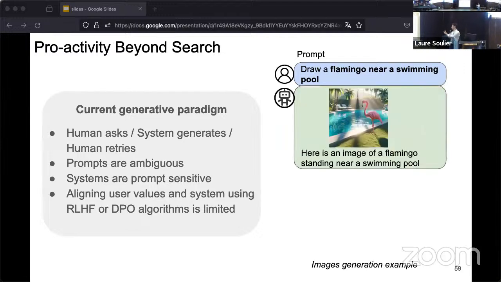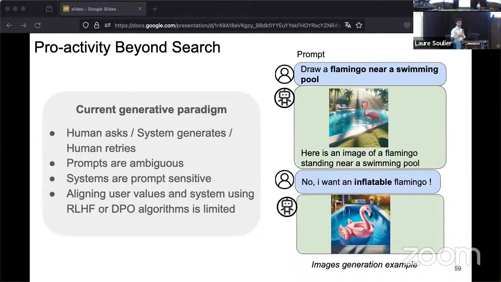For example, for image generation, the user has a prompt, draw me a flamingo near a swimming pool, and the system generates an answer, and then the human evaluates the answer and then has to reformulate the prompt. However, like queries in information retrieval, the prompts are ambiguous and systems are really sensitive to prompts.